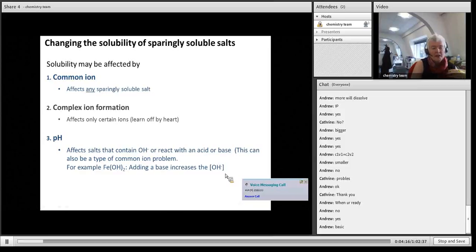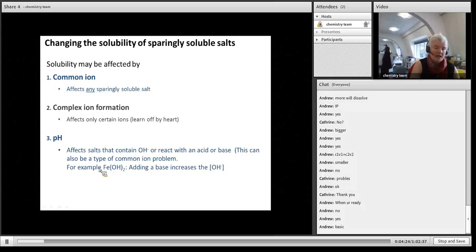So if I have silver carbonate and I add acid, although I'm not adding a common ion as such, the acid is going to react with the carbonate, and so it will change my solubility. Straightforward common ions: if I had iron hydroxide, by adding a base like hydroxide, that's changing the pH, but I'm obviously adding the common ion, OH.